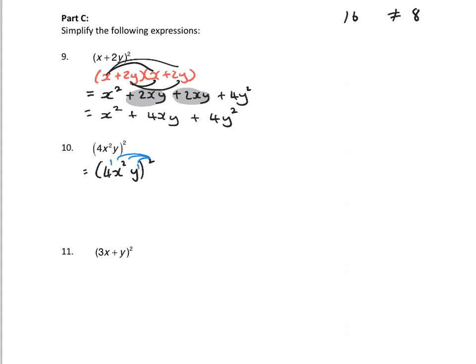Please don't forget to multiply it to the actual numbers, the coefficients, as well as the interior exponents. So it's 4 to the power of 2, x to the power of 4, y to the power of 2. And what is 4 to the power of 2? Not 8, it's 16. 16x to the power of 4, y to the power of 2.